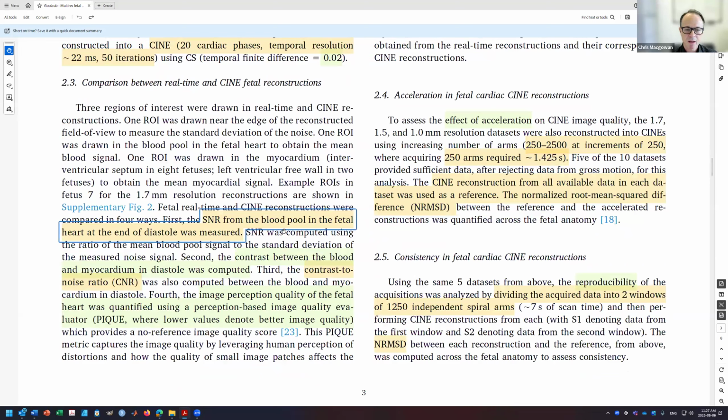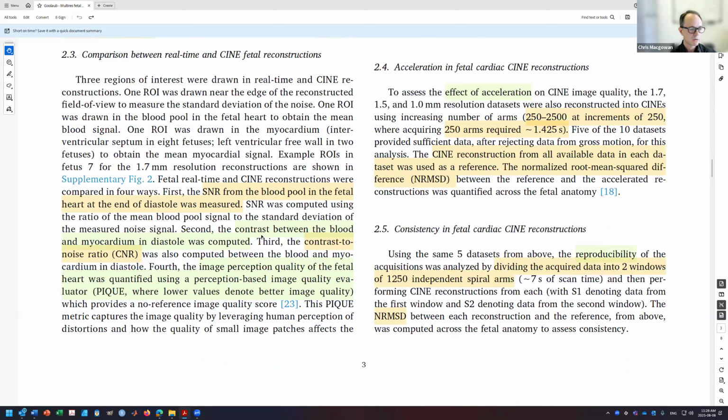In terms of analysis of these data, because we don't have, in this case, a gold standard to rely on, we do a lot of internal assessments. We relied on the SNR of both the blood pool and, in some cases, the myocardium in the real-time acquisitions and the Cine reconstructions at the different spatial resolutions.